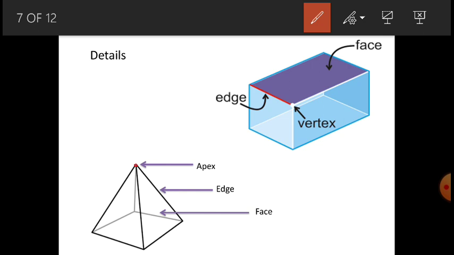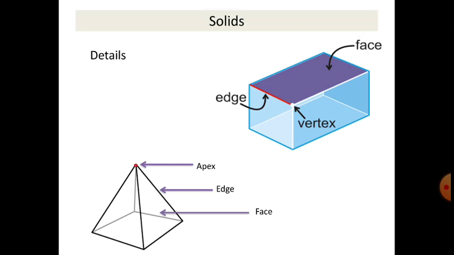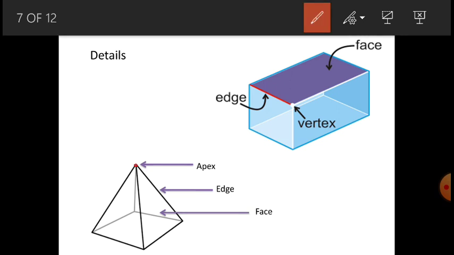Next we'll try to find out what the different parts in the pyramid are. If you can see, we have a triangular enclosed face. Whichever plane is enclosed is called a face or a plane.